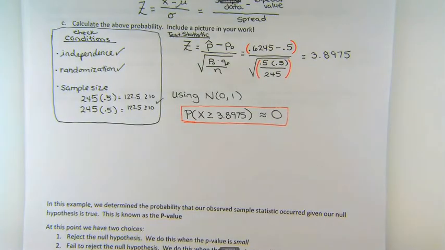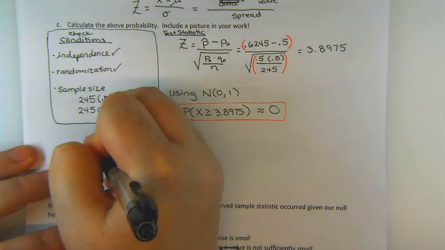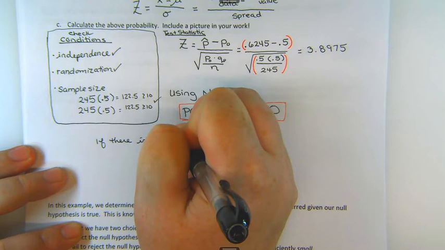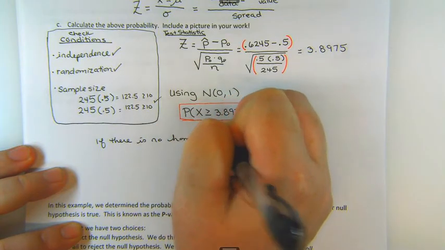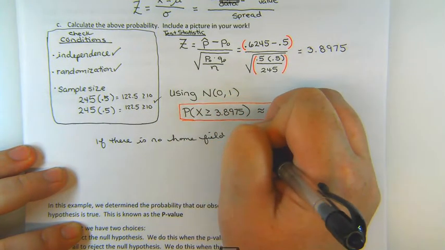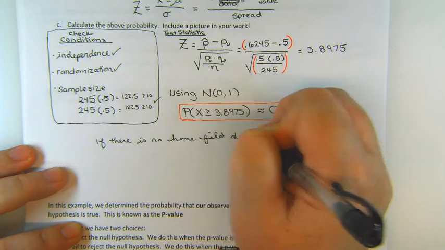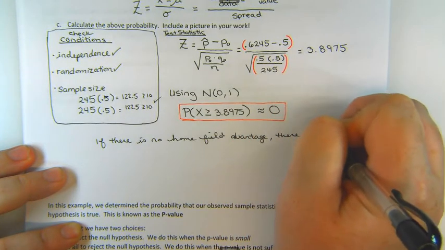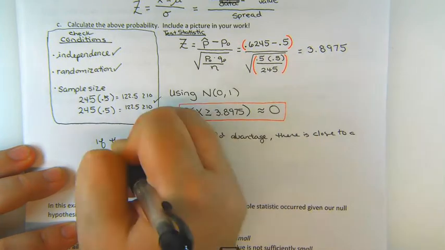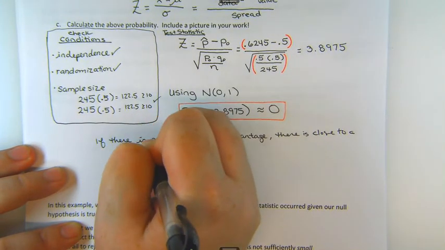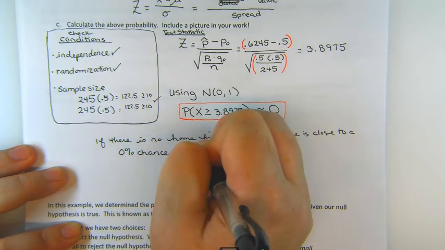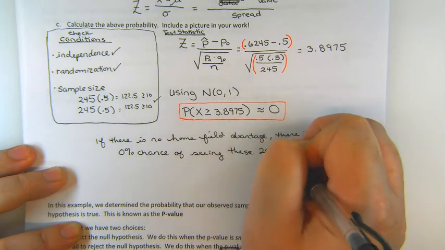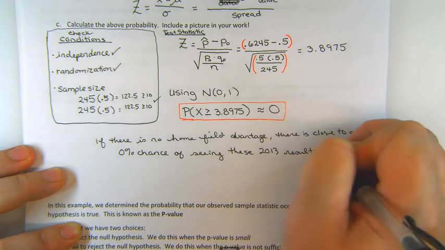So what this says is, if there is no home field advantage, there is close to a 0% chance of seeing these 2013 results or more extreme.